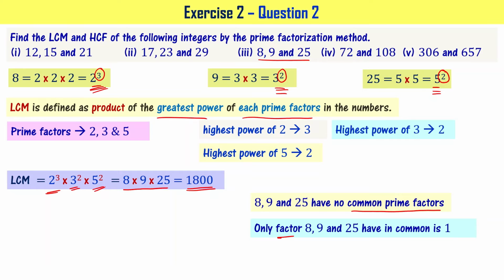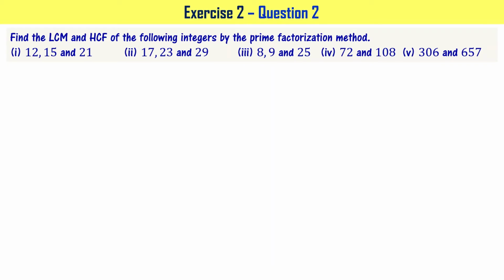Here we are talking about just common factor, that is number 1, right? 8, 9, and 25 have a common factor, that is number 1. That's why we say that HCF of these 3 numbers is number 1. Got it? Now let's look at the next part of the problem, that is 72 and 108.